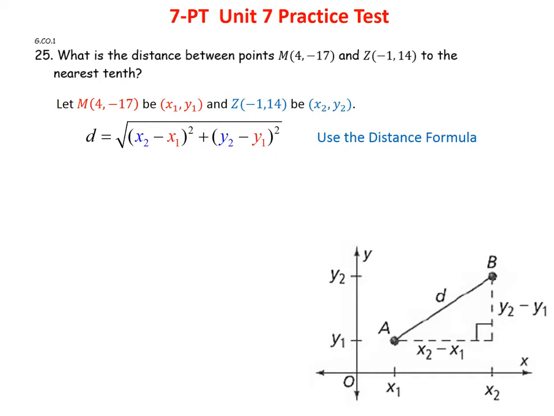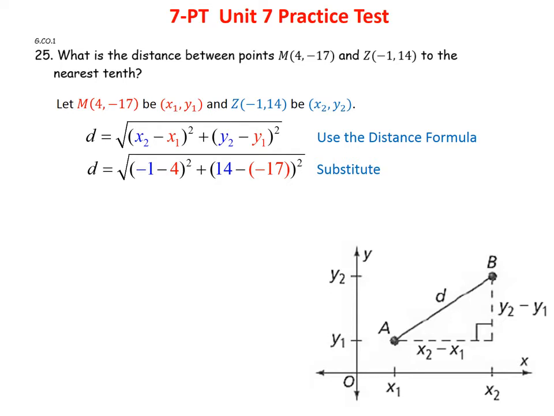Let's let negative 17, negative 1 be x1, y1, and 14, 4 be x2, y2. And if we plug them in, we get this. Now, the only tricky part in this problem is making sure, again, that you do the math right. Negative 1 minus 4 is going to be negative 5. But you have to remember again that 14 minus a negative 17, subtraction is the same as adding the opposite.